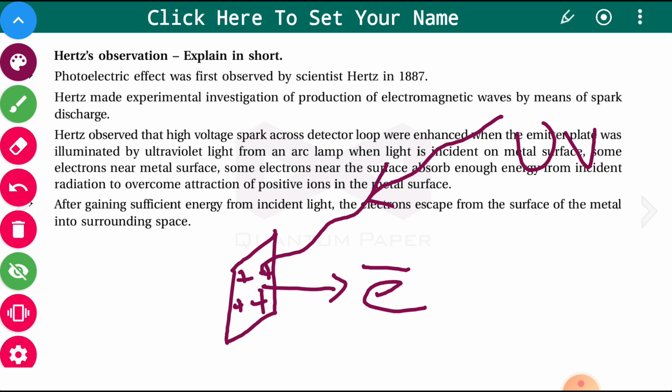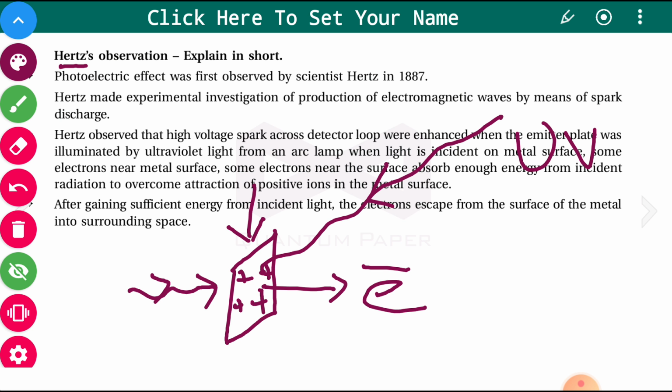And the electromagnetic waves reaching here, produced in Hertz's experiment, were showing a different behavior, which made Hertz find out why this different behavior was seen on the receiver plate.